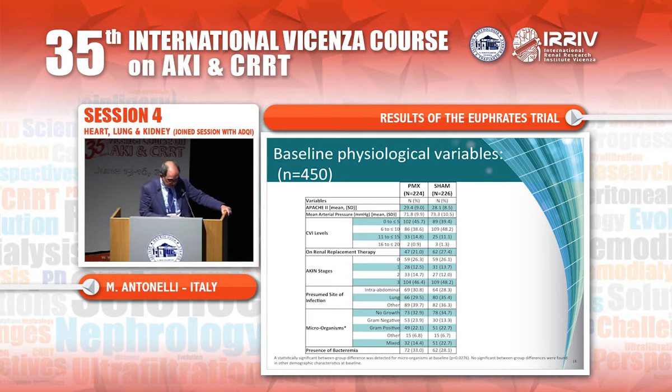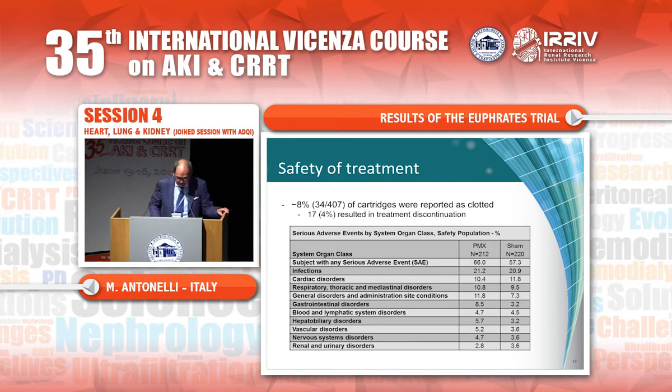And also, looking at the different microorganisms, something like 34% of the group had no growth at all, and some of them had a mixed growth of bacteria. And the presence of bacteremia was quite balanced, roughly 30%.